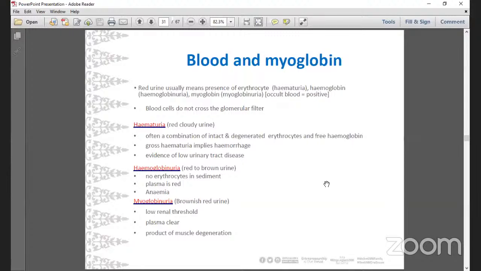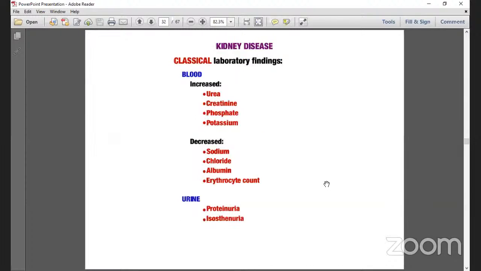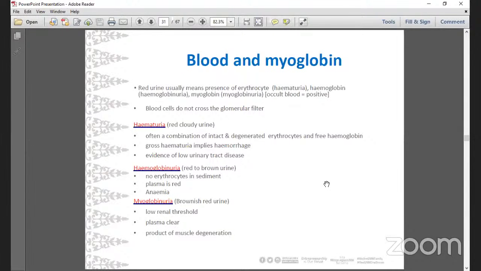And remember, myoglobin is related to the muscles, and when there is severe muscle degeneration and severe muscle necrosis, there will be myoglobinuria.